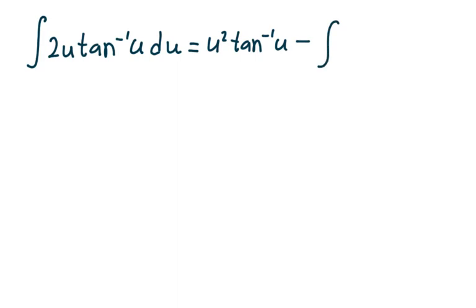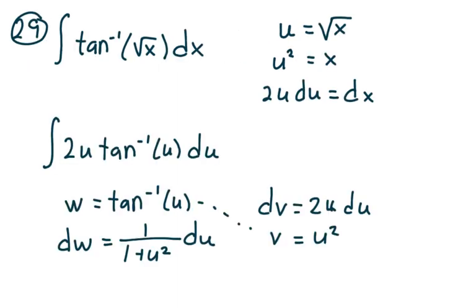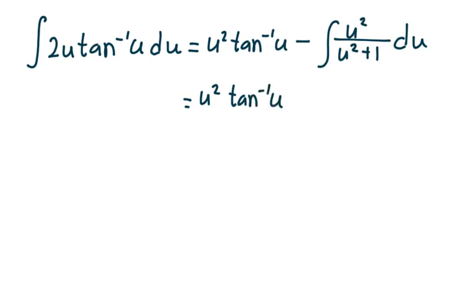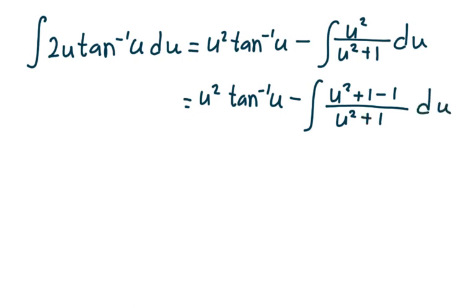minus the integral of u squared over u squared plus 1 du. And so this is u squared arctangent of u minus the integral of u squared plus 1 minus 1 divided by u squared plus 1 du. And so this is u squared, same technique.